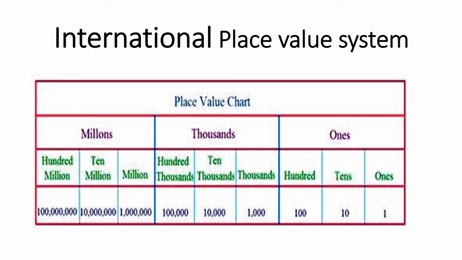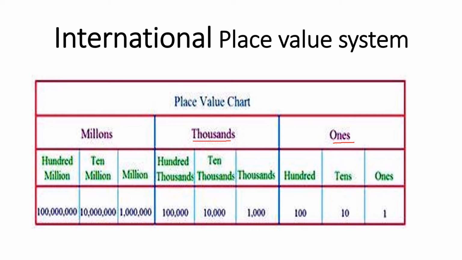International place value system. As we did the Indian system earlier, now we are going to do the international place value system. The only difference will come here. It's that we will have 3 places in each period. First period is same: ones, tens, hundreds.